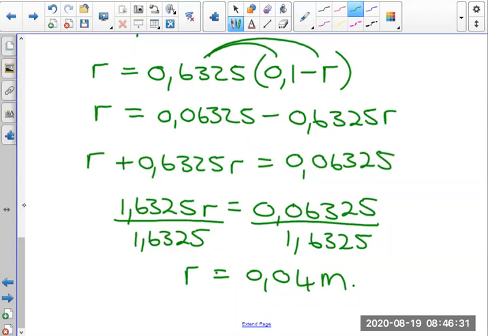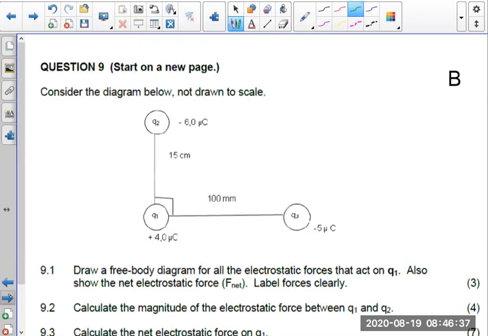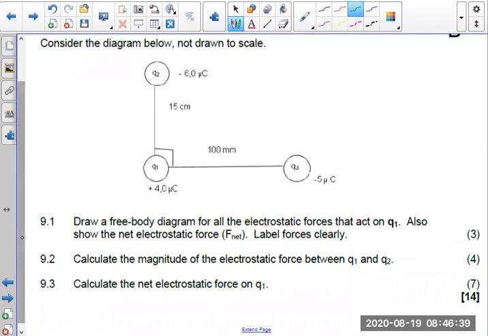Okay, let's look at the next sum that I have here on the board. The next sum that you will see is this one. Now, the previous one was one where all the charges were in one straight line. And now what they do is the charges are in a triangle form actually.